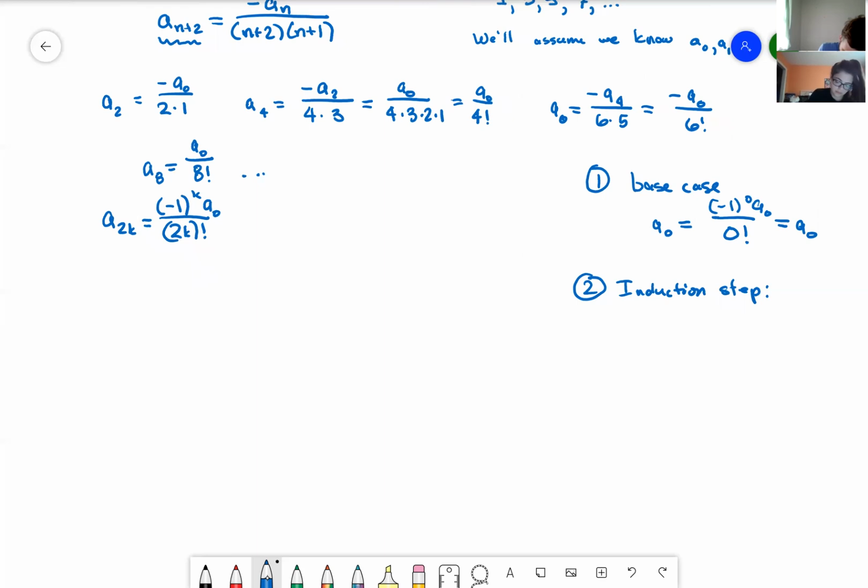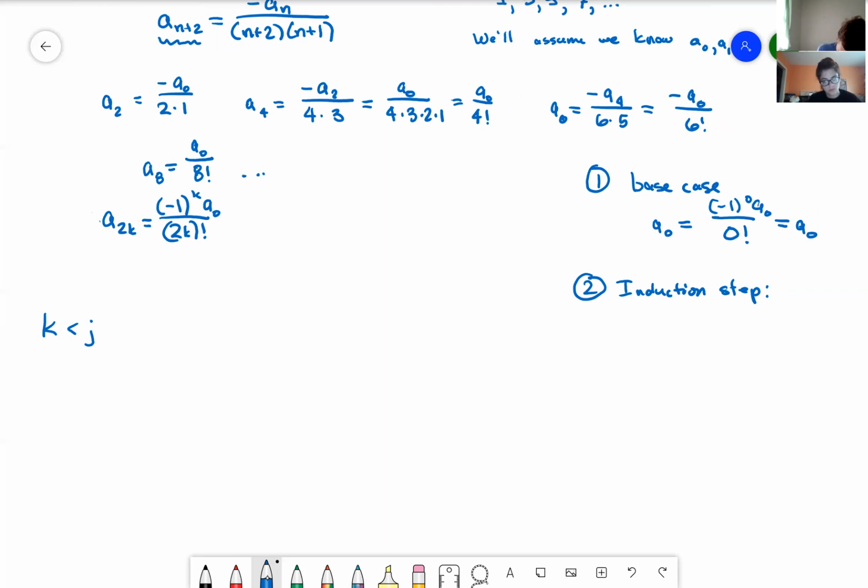Well, we'll assume that this assumption is true for some k less than j, right? We'll assume it's true for some small values of k, and then we'll prove it for all the other ones.